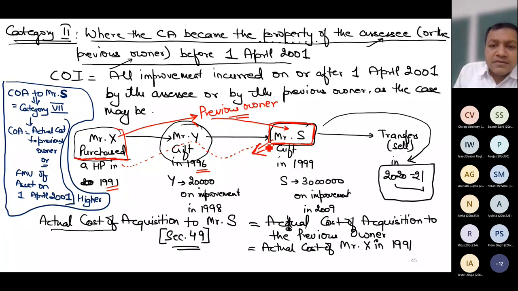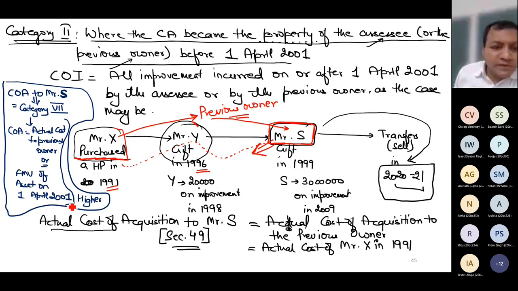So my cost of improvement will be having all the improvements incurred by the assessee or by the previous owners, all previous owners, on or after 1st April 2001. All improvements incurred either by me or by the previous owner before 1st April 2001 are of no use.